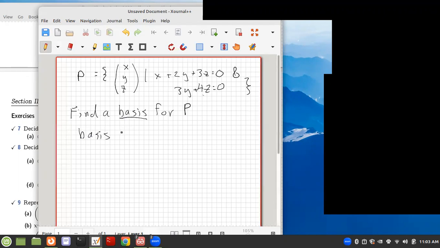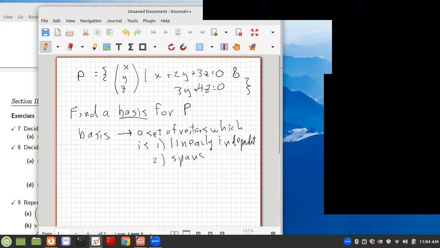So the idea is that to find a basis, we have to find a set of vectors which is 1, linearly independent, and 2, spans the space, spans P, right?